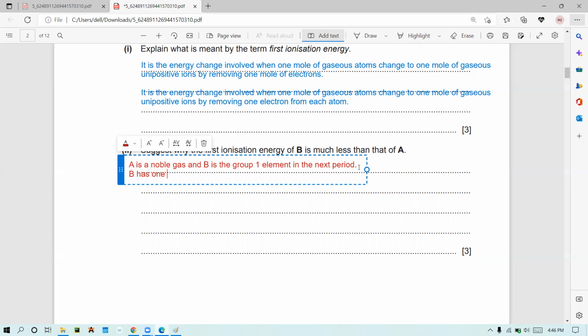He has one energy level. B has one energy level more than in A.